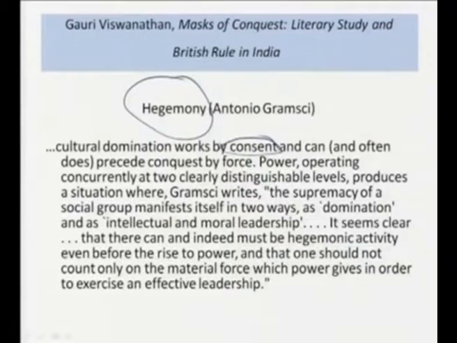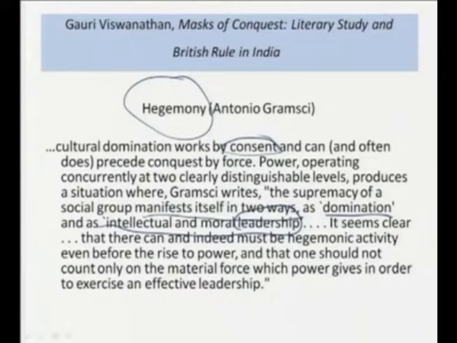Okay. So, let me again read this. Cultural domination works by consent and can and often does precede conquest by force. Power operating concurrently at two clearly distinguishable levels produces a situation where, Gramsci writes, the supremacy of a social group manifests itself in two ways: as domination and as intellectual and moral leadership.